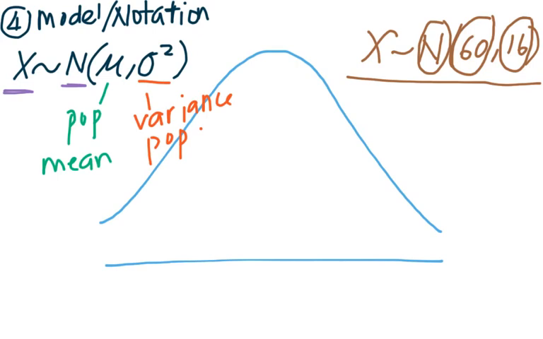That is the fourth property, the model or notation of the normal distribution.